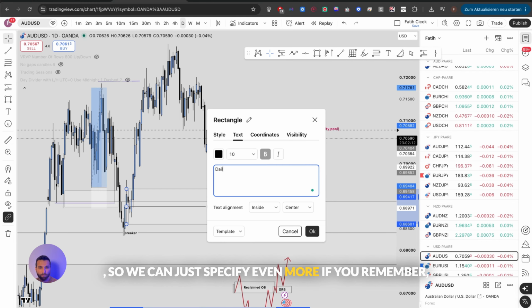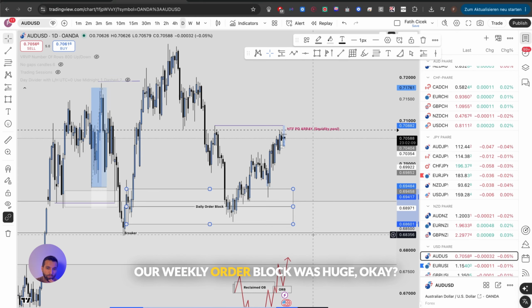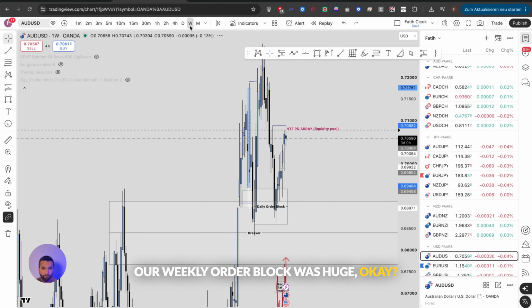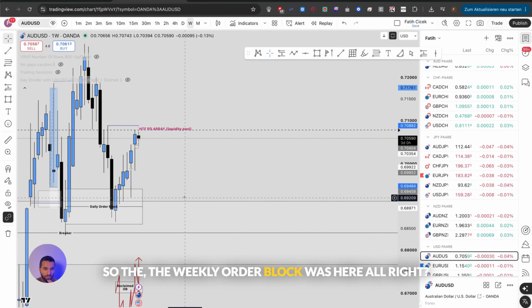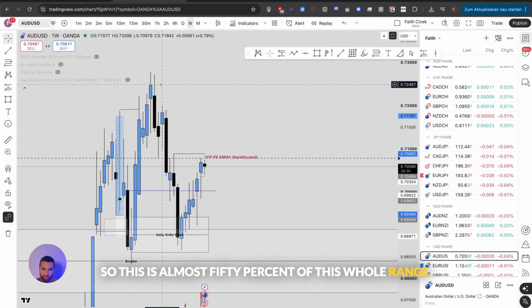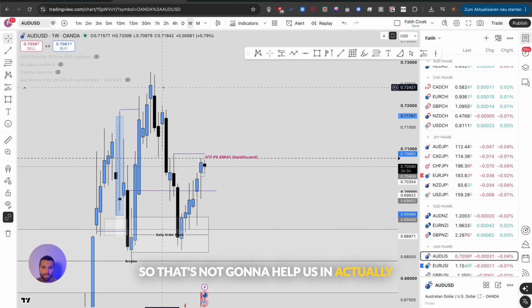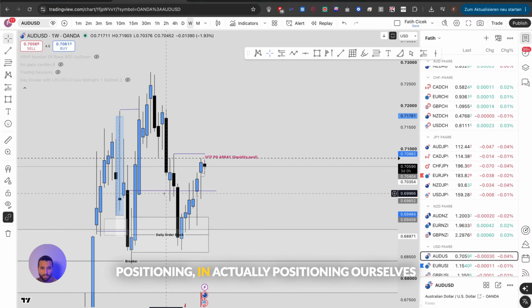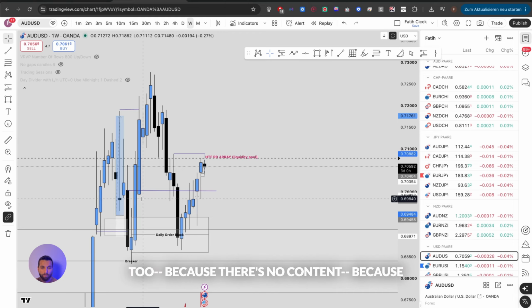So we can just specify even more. If you remember, our weekly order block was huge. So the weekly order block was here. This is almost 50% of this whole range. So that's not going to help us in actually positioning ourselves and executing our trades, because there is context, but there is just no precision.